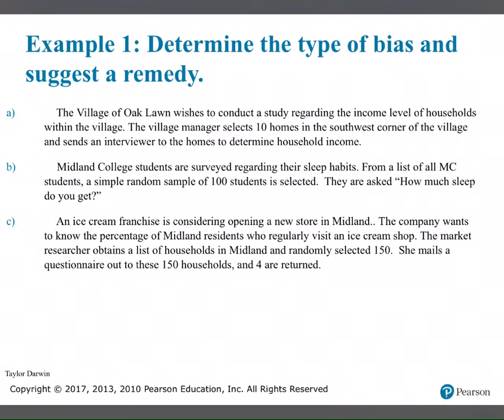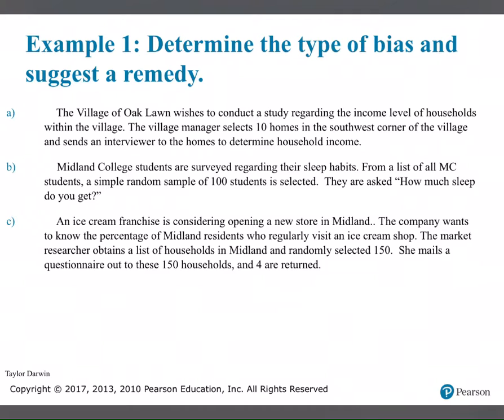So let's look at these examples and determine the type of bias that is existing here. The Village of Oak Lawn wishes to conduct a study regarding the income level of households within a village. The village manager selects 10 homes in the southwest corner of the village and sends an interviewer to the homes to determine household income.